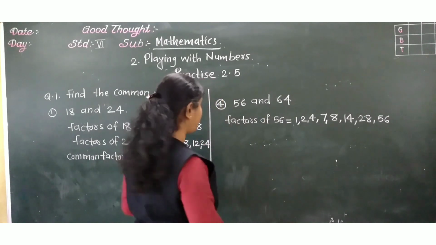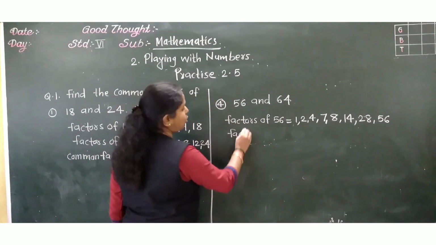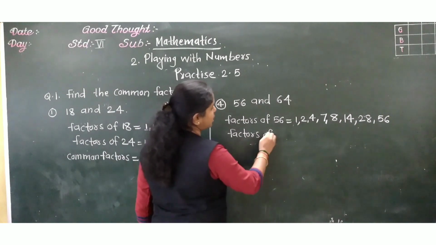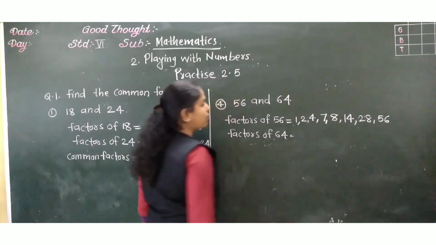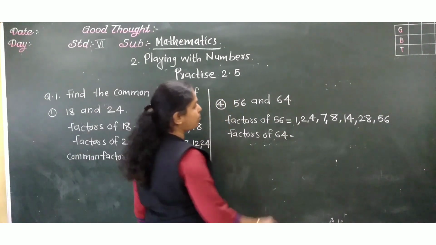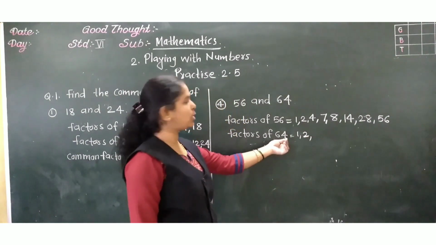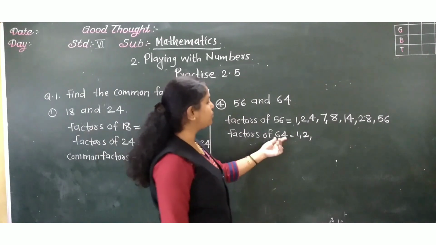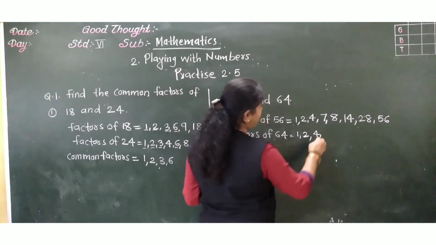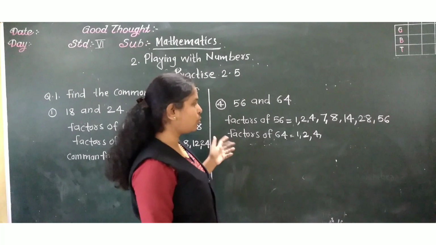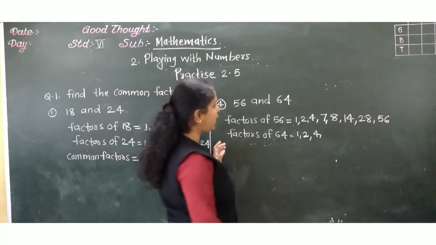Now next is 64. Factors of 64. Means 64 is divisible by 1, 2. Can we divide it by 3? No. 6 plus 4, 10. No. 4? Yes. 5? No. 6? No. 7? No. 8?